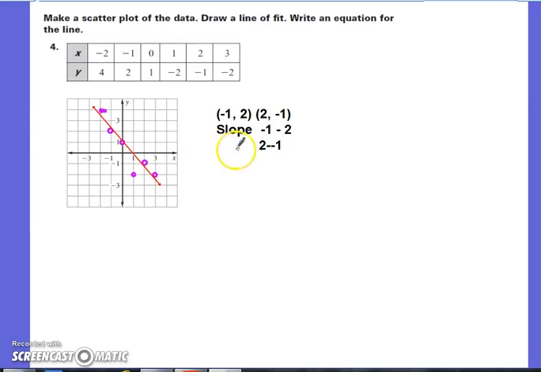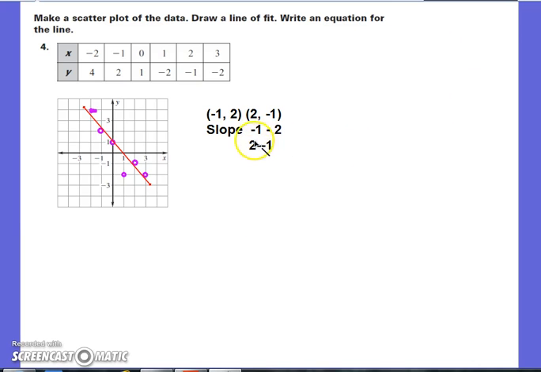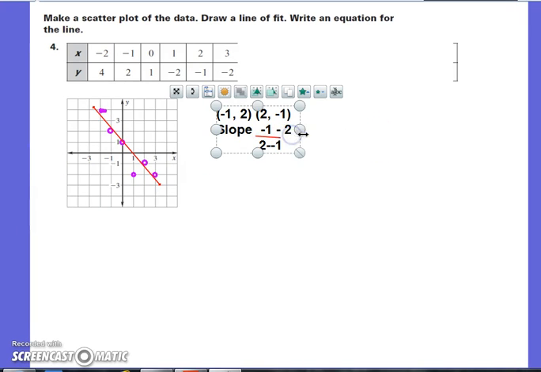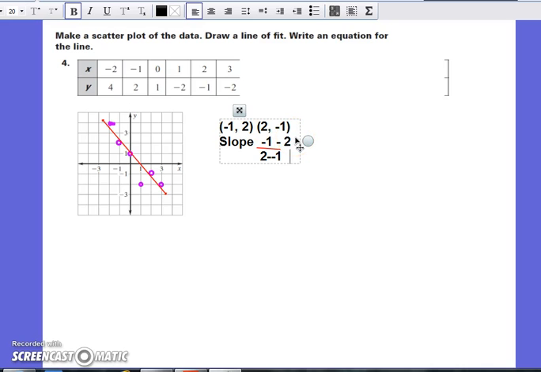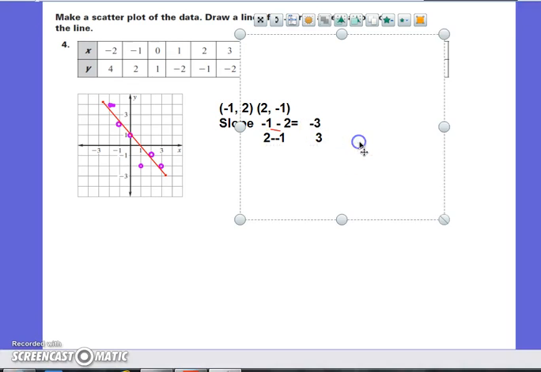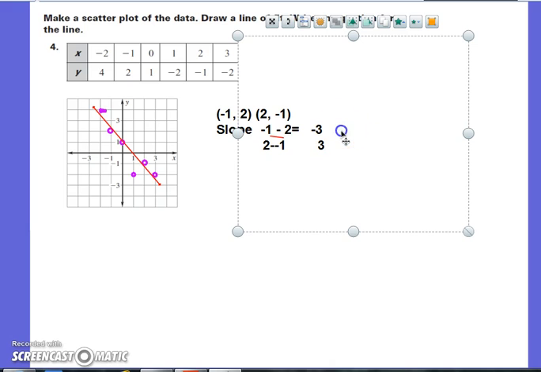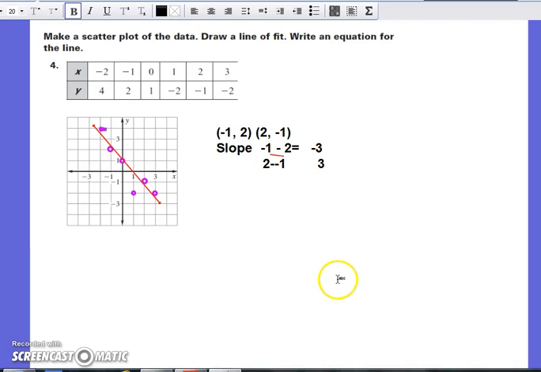Now remember, there's a line here for slope, and you are going to get this to equal negative 3 over positive 3, which is just going to give you, in the end, a negative 1.